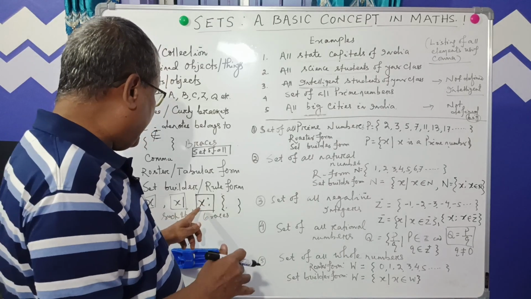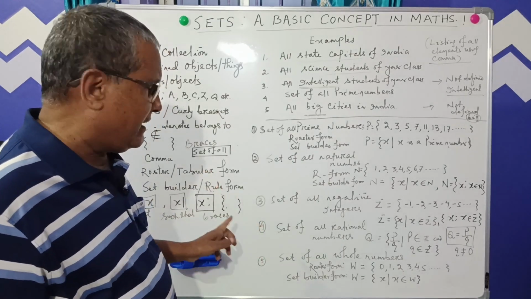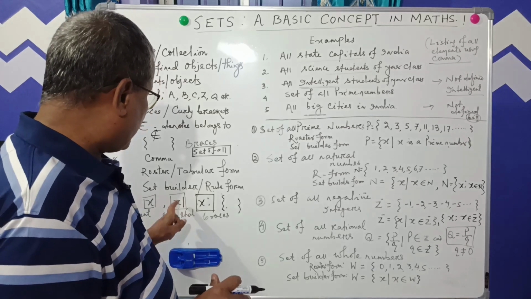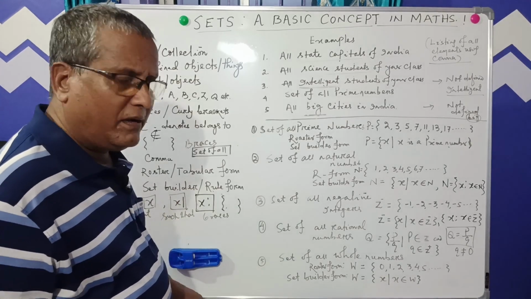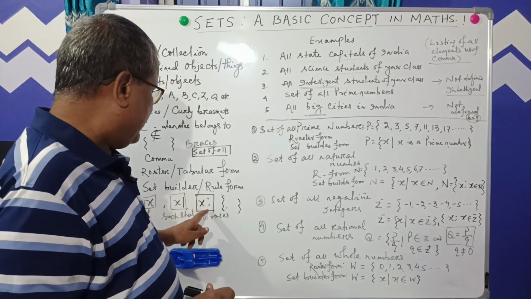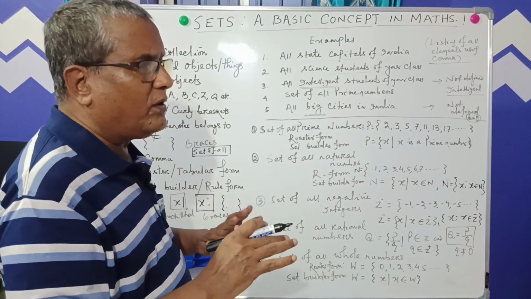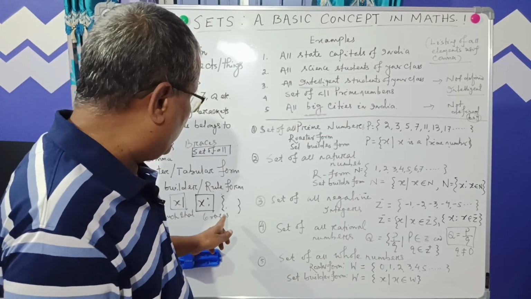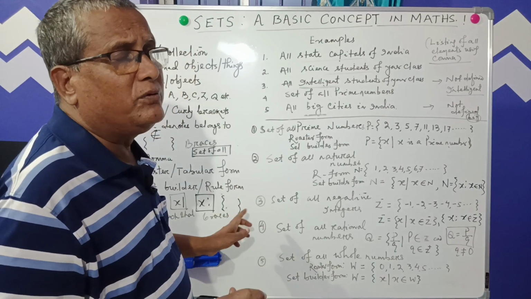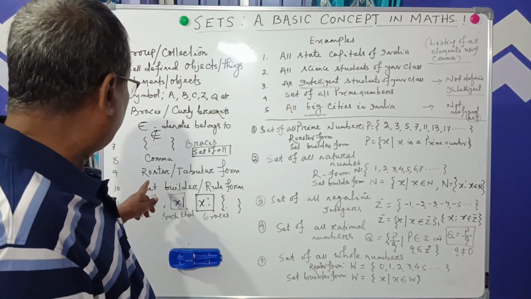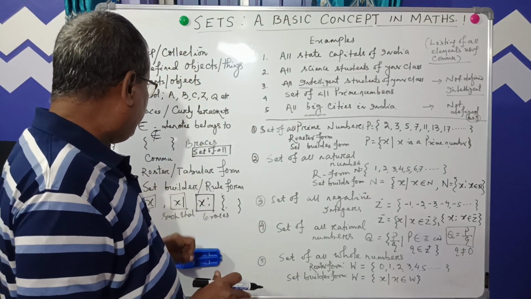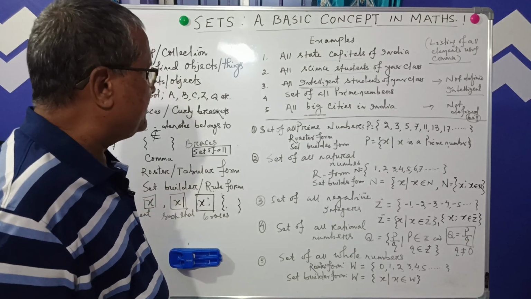In another way we can write x colon, the same thing, x such that. In some books you can find this symbol, in some books you can find that symbol. You need not be worried. And these are braces. All elements are to be written within the braces, within two curly brackets. Okay. Then in roster form and set builder form.